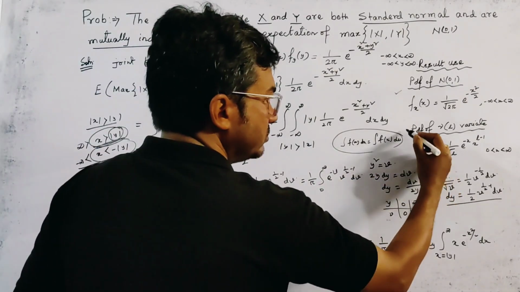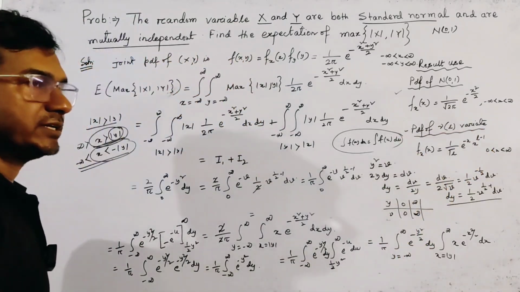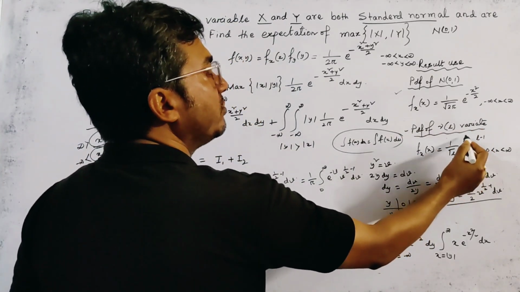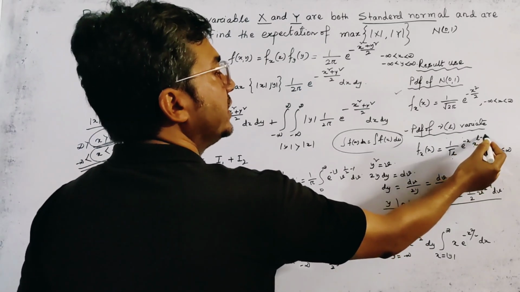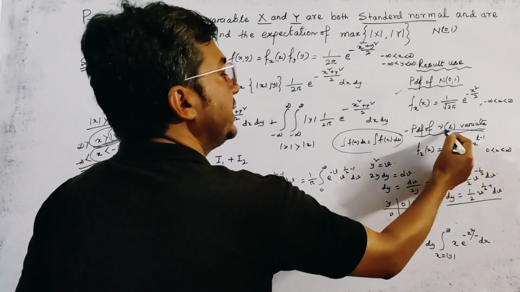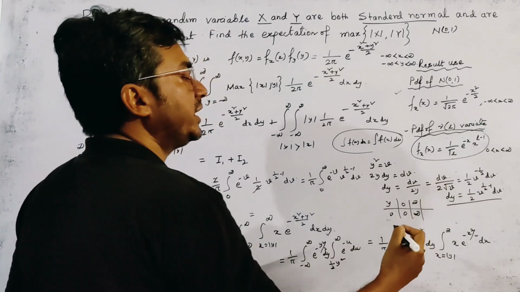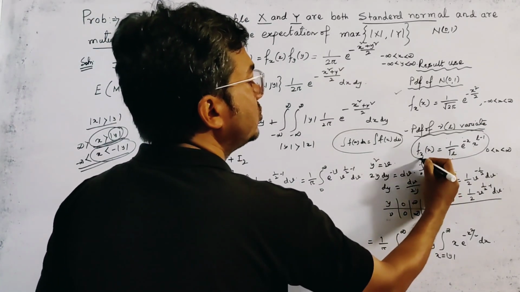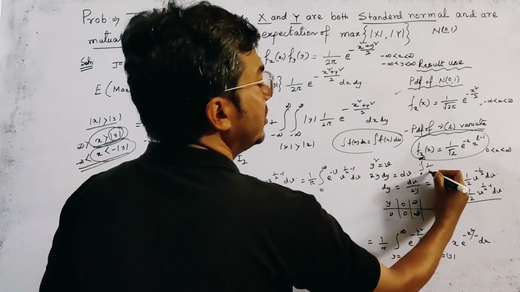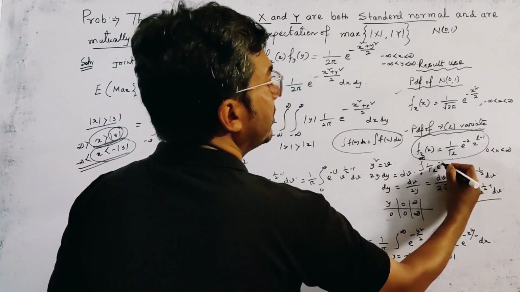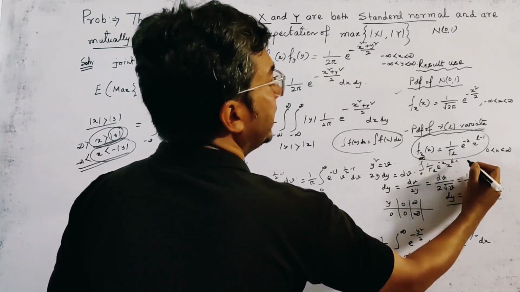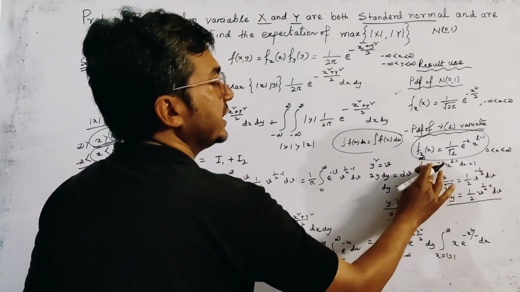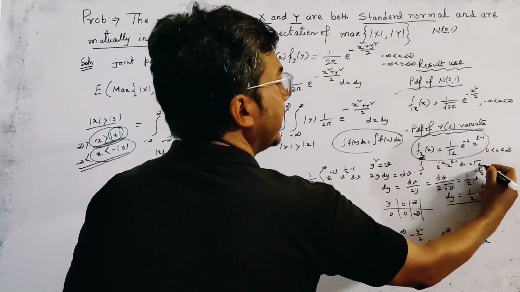And from the PDF of a gamma L variate, we know that 1 by gamma L e to the power minus x into x to the power L minus 1 is the PDF of gamma L. So the property of PDF gives the result that the integration from 0 to infinity of 1 by gamma L e to the power minus x x to the power L minus 1 dx is 1, and the integration gives gamma L.